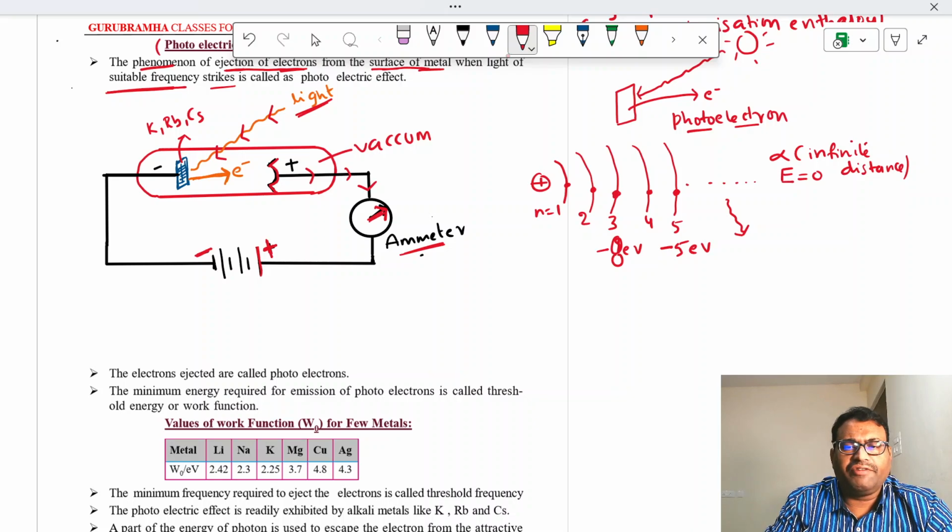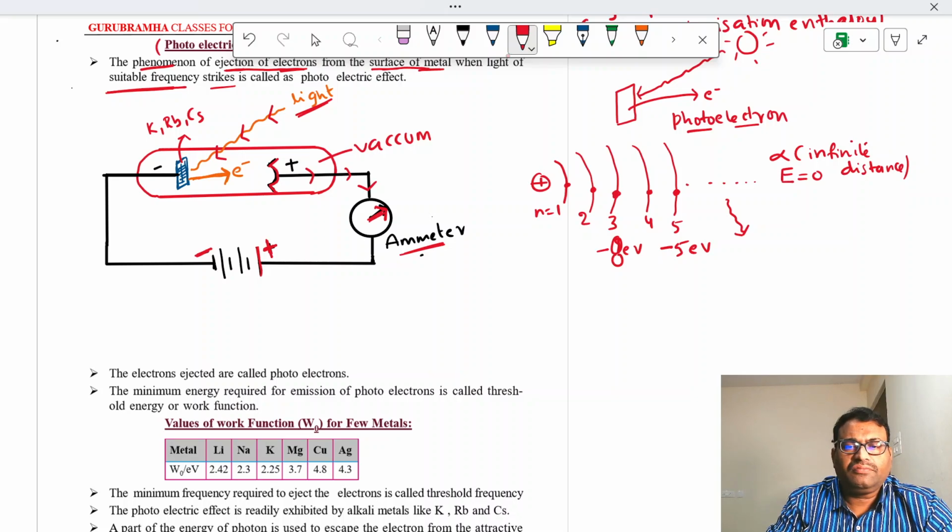Okay, and we know that minus 5 is greater than minus 8. The closer the electron to the nucleus, the more energy it will lose. So we have to remember that all the electrons in an atom, especially if they are in different energy levels, possess different energies.